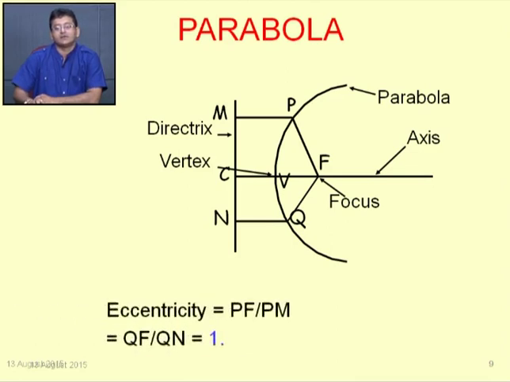So here you can see VF upon VC is equal to 1, or you can say PF upon PM is equal to 1, or QF upon QN is equal to 1. So the position of the vertex is at equidistance from the focus and directrix line.